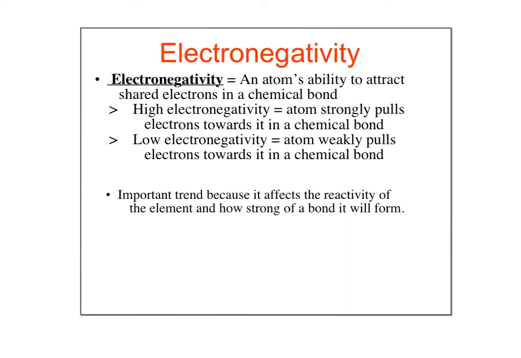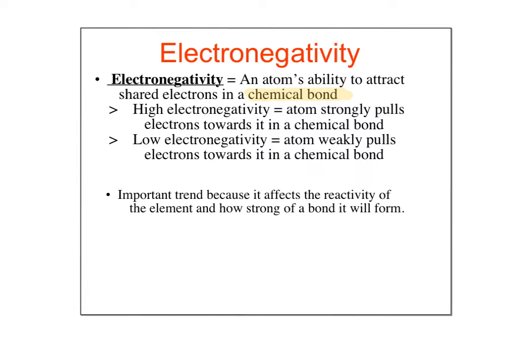Okay. Electronegativity is a big one. If you're going to remember any of the trends, this is the one to remember, because you will see it next unit as well. It's the atom's ability to attract shared electrons in a chemical bond. So basically what's happening is we now have two different atoms bonded together, and we are measuring how much one of the atoms pulls those shared electrons, because we know a chemical bond forms between electrons that are shared.